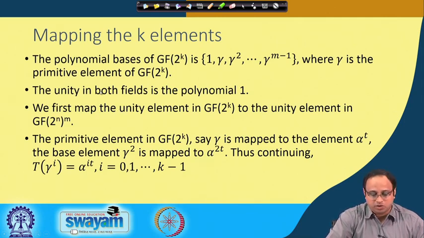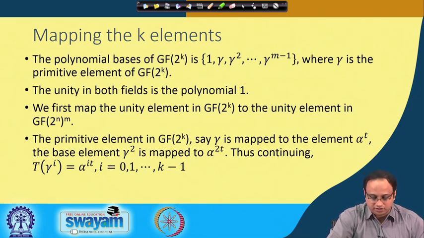I map the one in the field GF2 to the power of k to GF2 to the power of n whole power of m. Now the one in both the fields is denoted by the polynomial 1. So, we first map the unit element in GF2 to the power of k to the unity element in GF2 to the power of n whole power of m. And that means that I have got one column of my matrix decided.